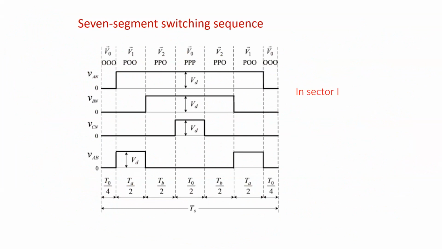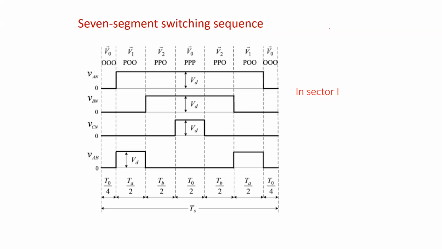The transition from one switching state to the next switching state involves only one switching of the inverter leg, so one switch being turned off and the other being turned on.